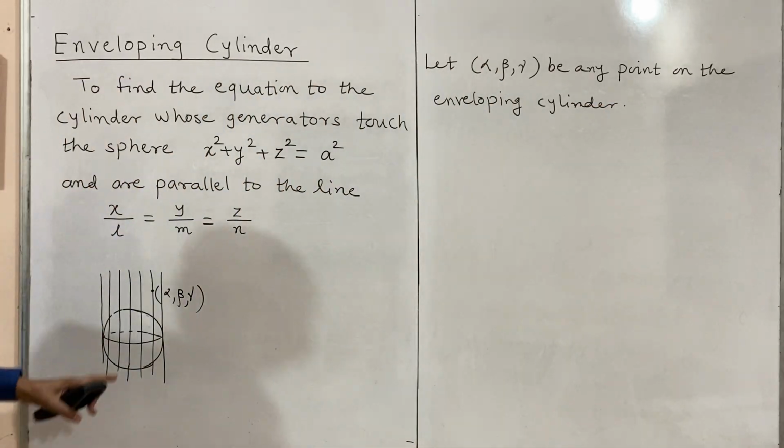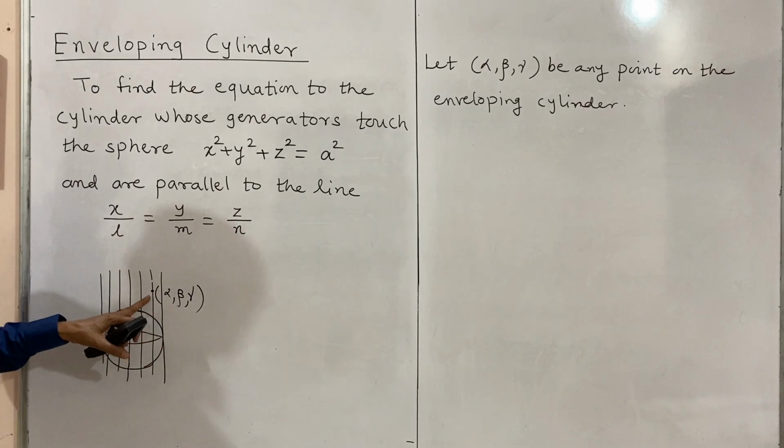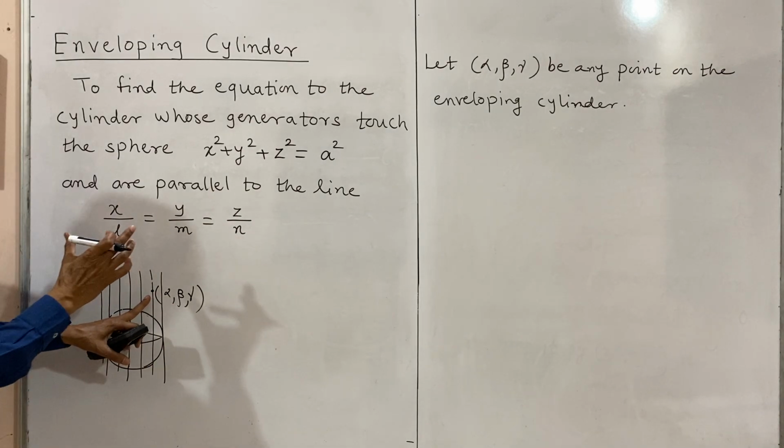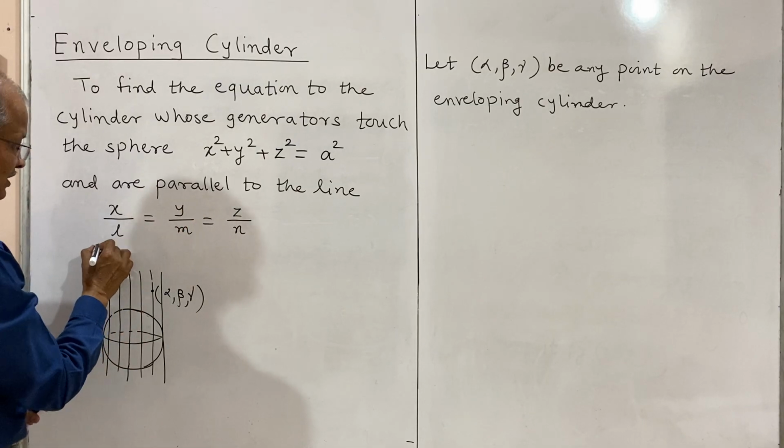Now we shall write the equation of this cylinder on which the point alpha, beta, gamma lies, and it is again given that the generators are parallel to this line.